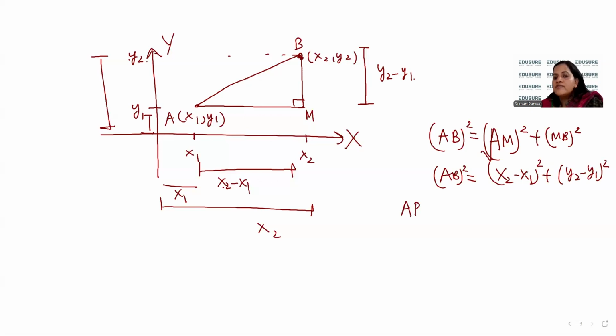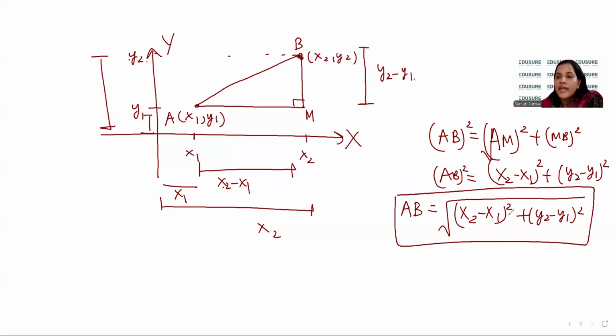So we take the positive square root because the distance cannot be negative. So the distance between 2 points on a coordinate plane is given by this formula. So now you are given any 2 points, you are capable enough to calculate the distance between those 2 points on a coordinate plane.